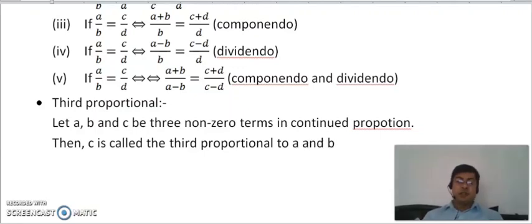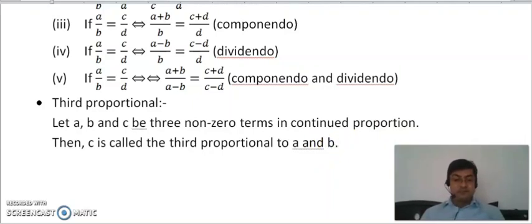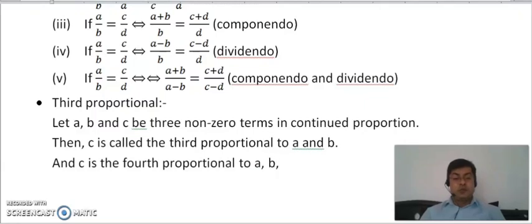Clear? If A, B and C are in continued proportion, then C is called the third proportional to A and B, and C is the fourth proportional to A, B, and B. Here A, B, and B. Yes or no?